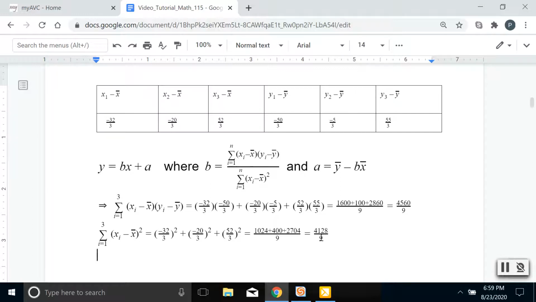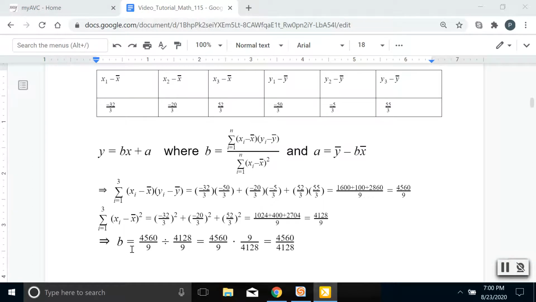Okay, so now we have the top part and the bottom part for b calculated. Now let's compute b. It's going to be the 4560 over 9 divided by the 4128 over 9.